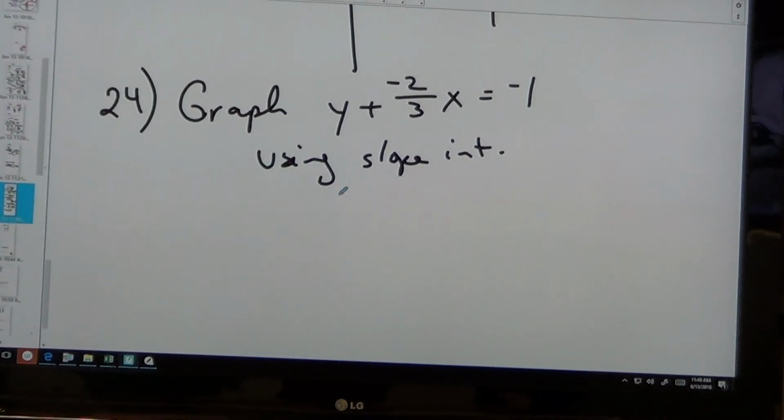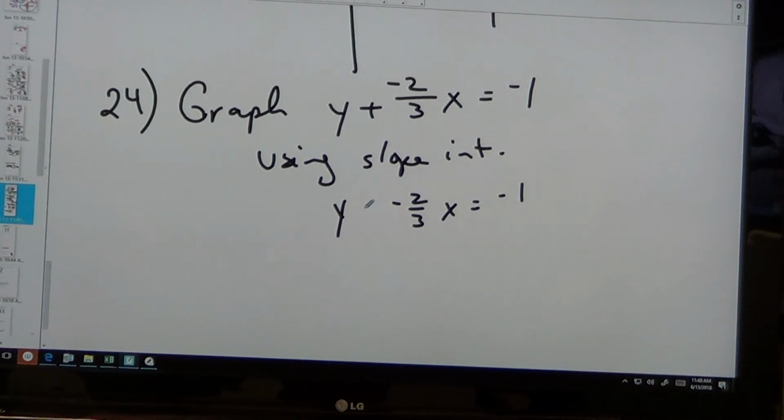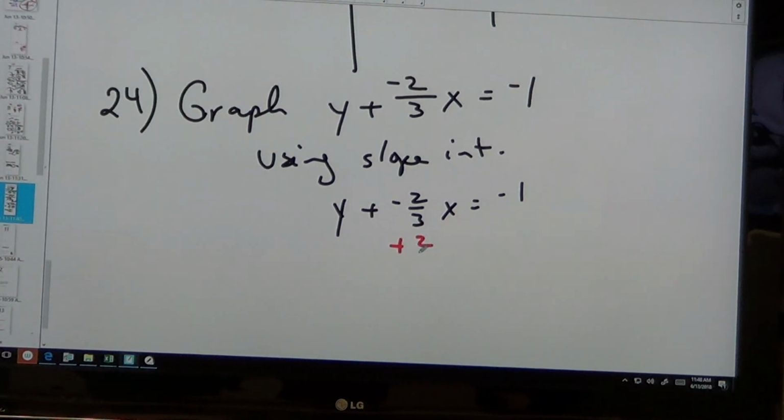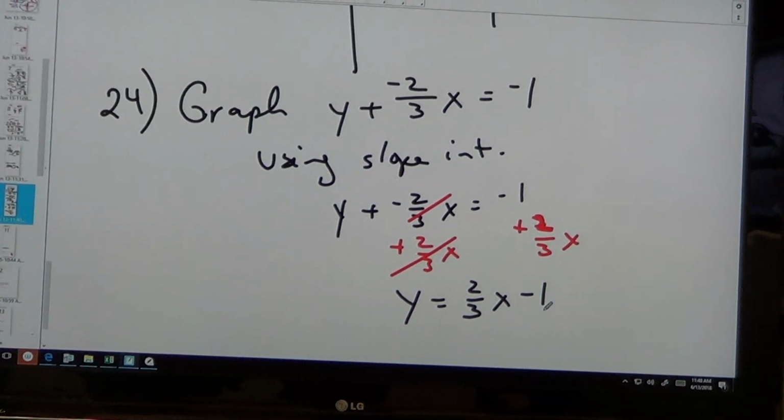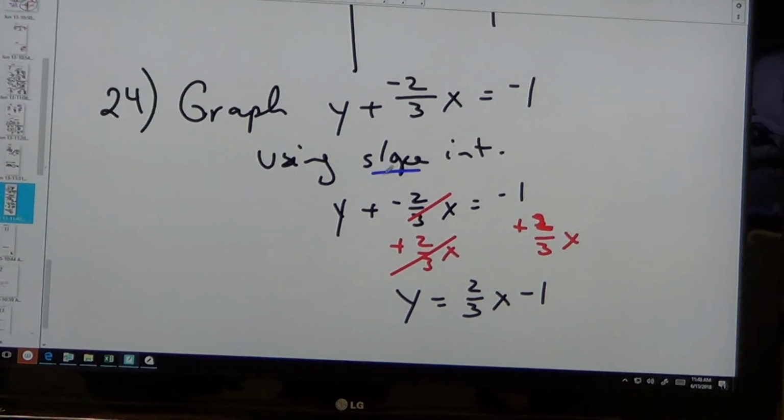Get the y by itself. -2/3 x equals -1. So what do I need to do to both sides? We need to add 2/3 x to both sides. Right. So that's going to be y equals 2/3 x minus 1. And because they specifically said slope intercept, that means we first have to find the intercept, and then we second have to do our rising and running off of that.